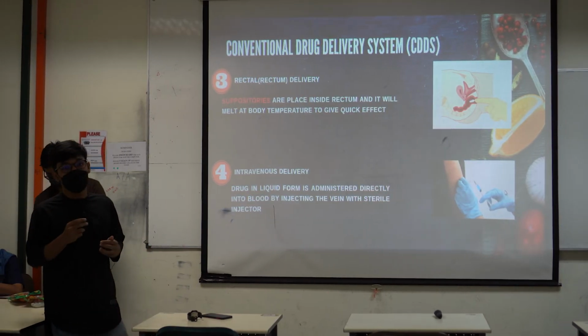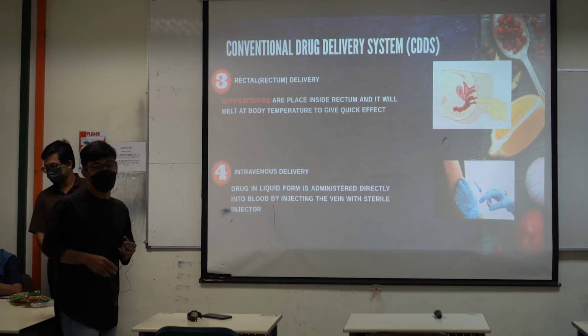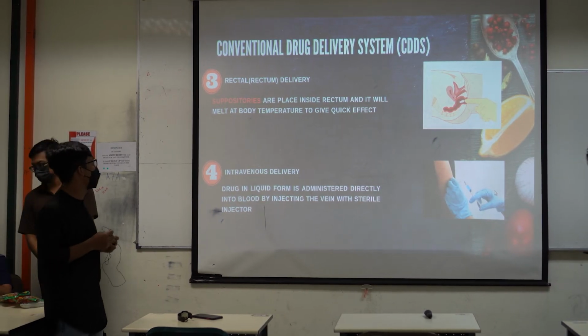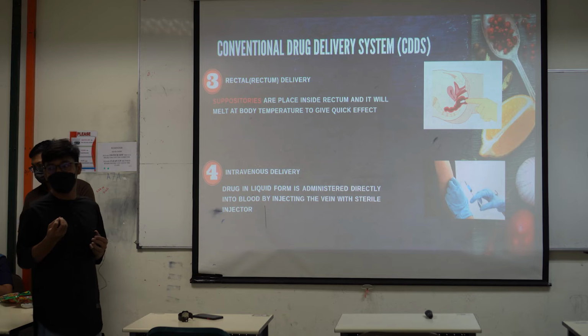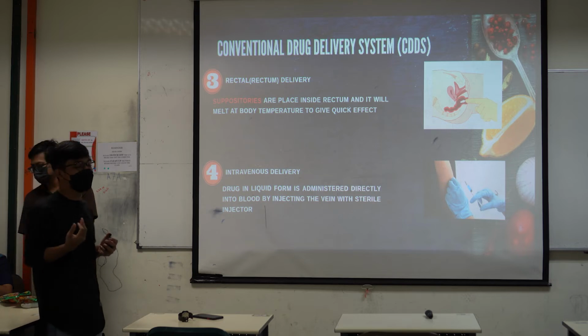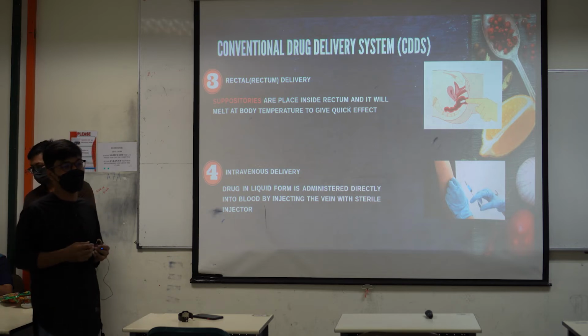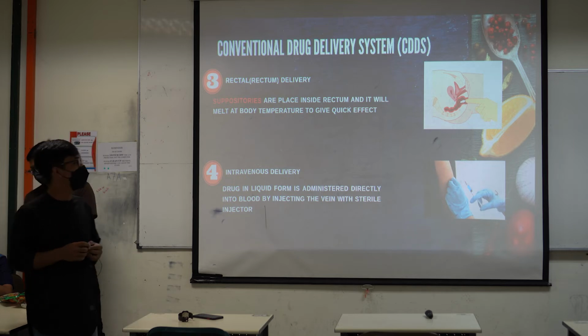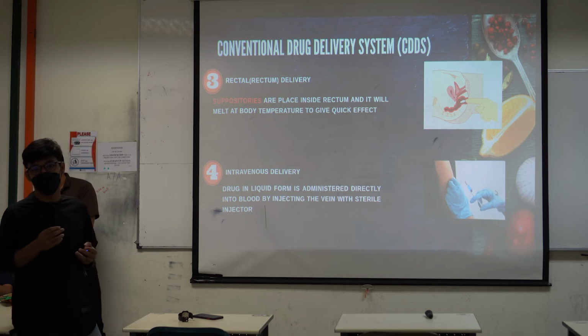Okay, the third example is rectum delivery. Suppositories, or the drug, will be placed inside the rectum of the people, and it will melt at the body temperature to give a quick effect.